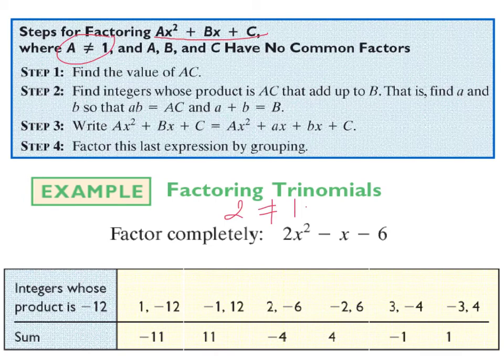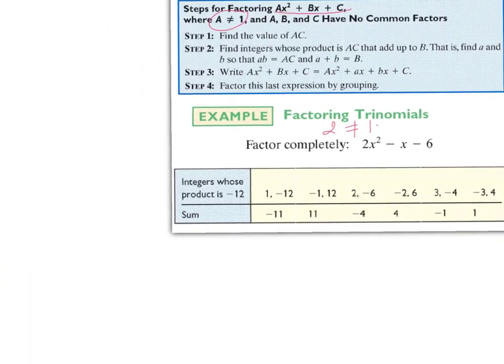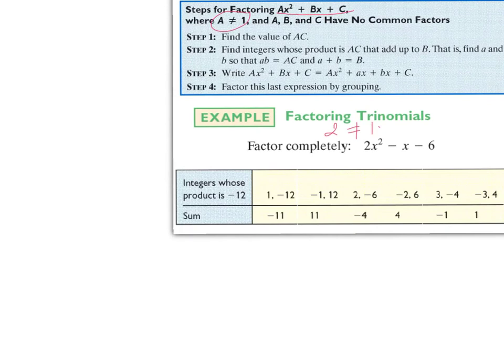First, we have to find the value of AC. So first we need to find the value of A times C, which means 2 times negative 6, which is equal to negative 12.